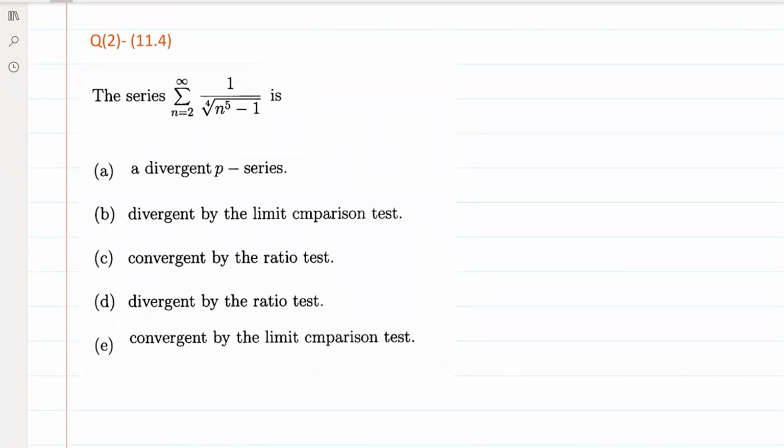Yalla, all of you. As a small hint, I will just advise you to use the limit comparison test. Go ahead, try to solve this one. If you solve it, raise your hand.